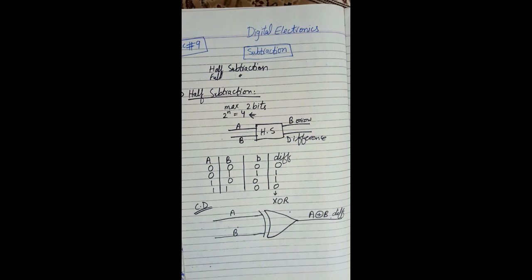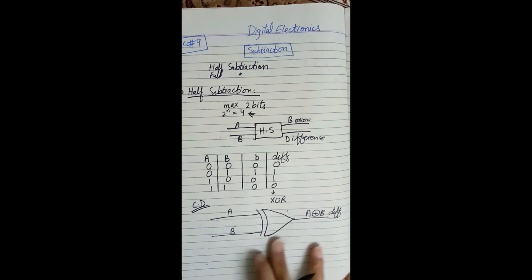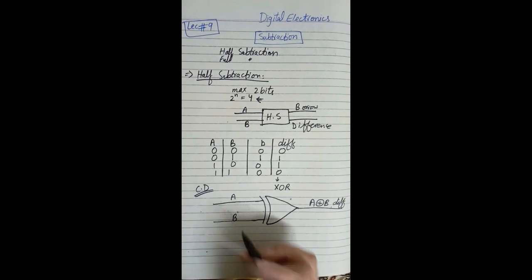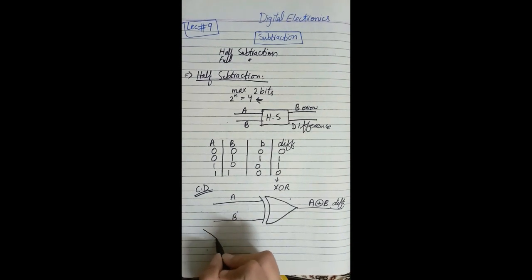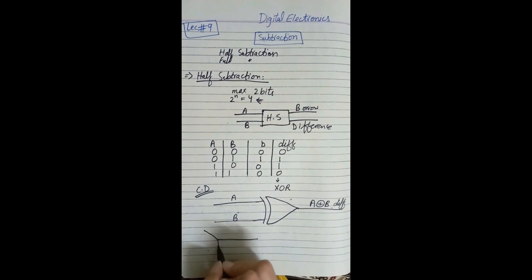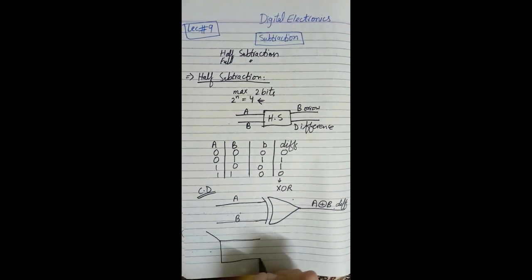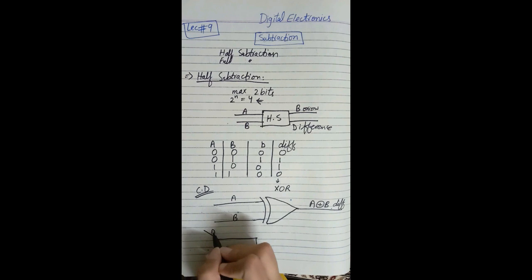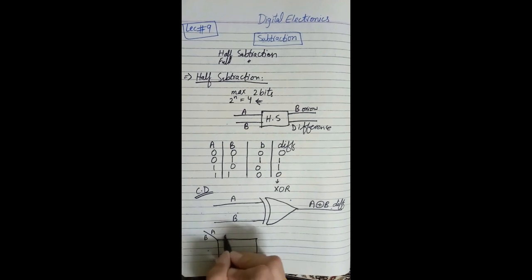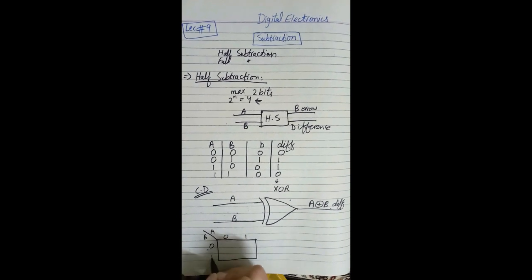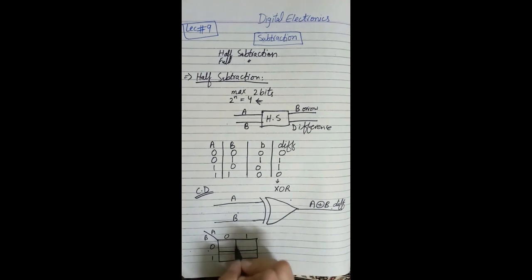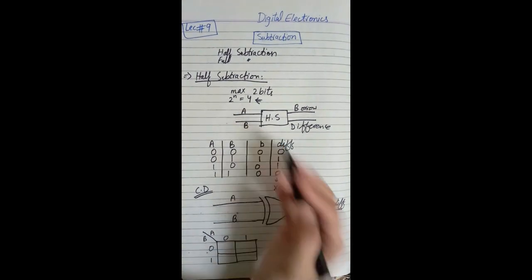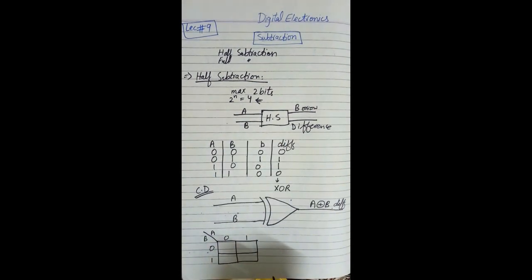For this we have to first make the K map, and it will be like A and B. So 0 and 1, 0 and 1. As we have the 4 possible combinations, it means 4 boxes we have.